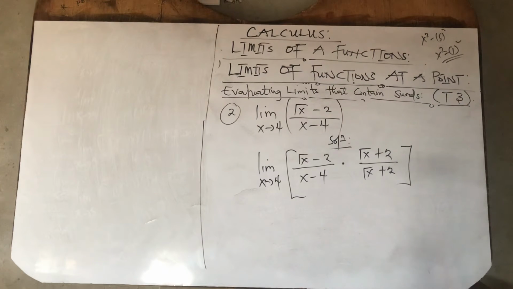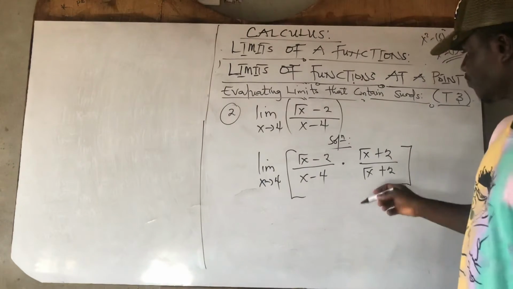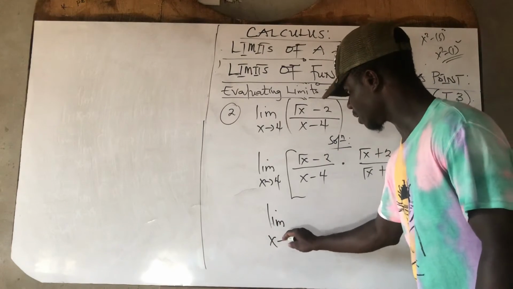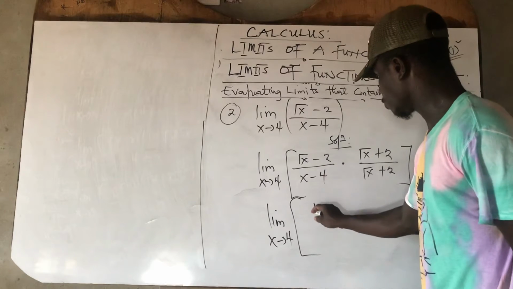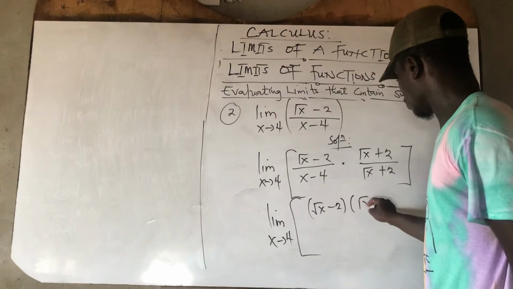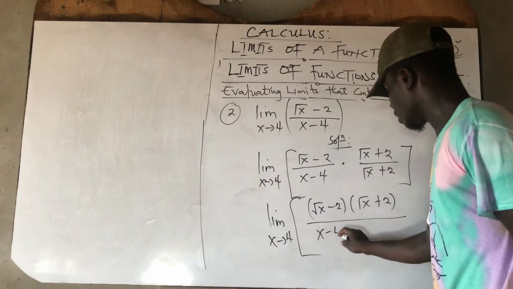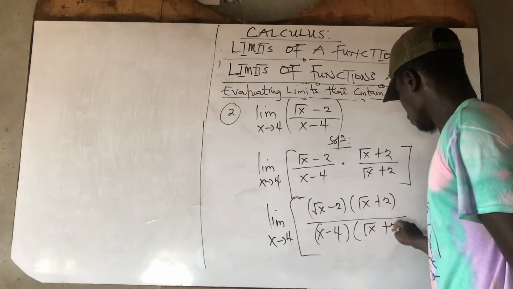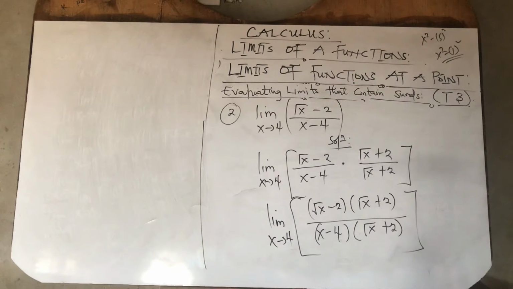Right. So now, we can proceed as that. Which is what? We multiply the limit as x approaches 4 of, we have what? Square root of x minus 2 then times square root of x plus 2 all on x minus 4 times the square root of x plus 2. Very, very simple.